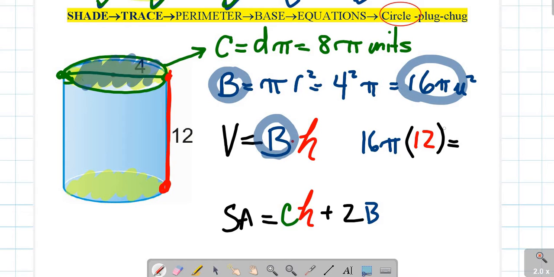Although we shouldn't need one, but you can go ahead and get one. So we just found our volume. Our volume is 192 pi, and volume's 3 dimensions, so it's going to be units cubed. That is volume.